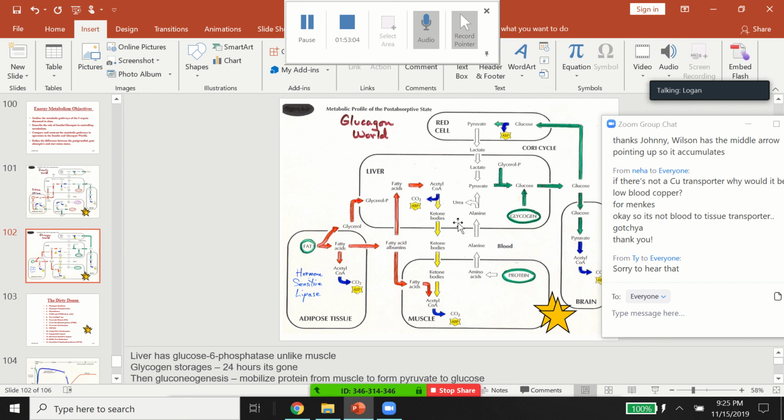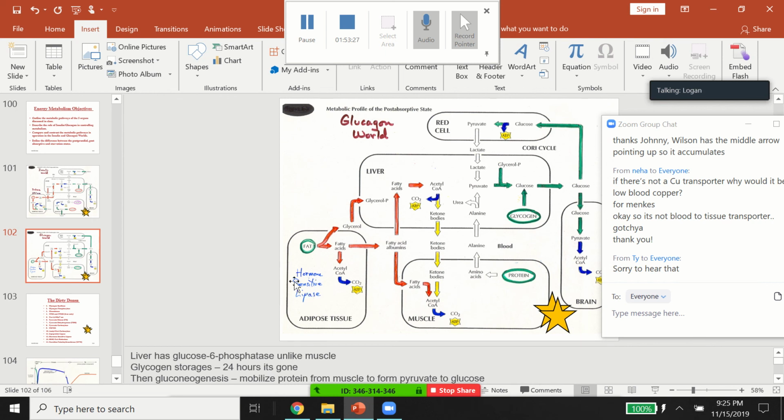If you guys remember that from my last session. Alanine gets there, gets broken down to urea, then the rest of that protein is able to be formed into glucose. But of course, that's way further along, so that's super starving. You wouldn't have that happen very often.